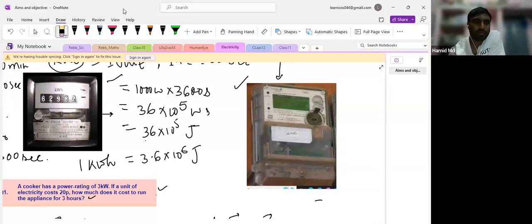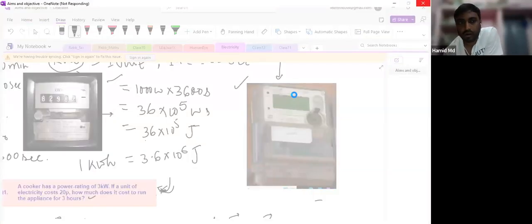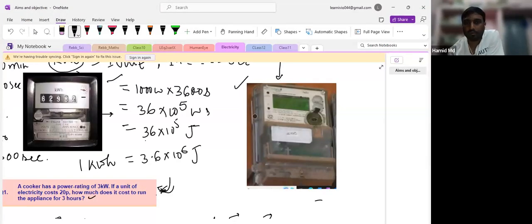We were able to solve this numerical, right? Yes. But sir, how will we read from the actual meters? Any idea? We don't have any idea, right?